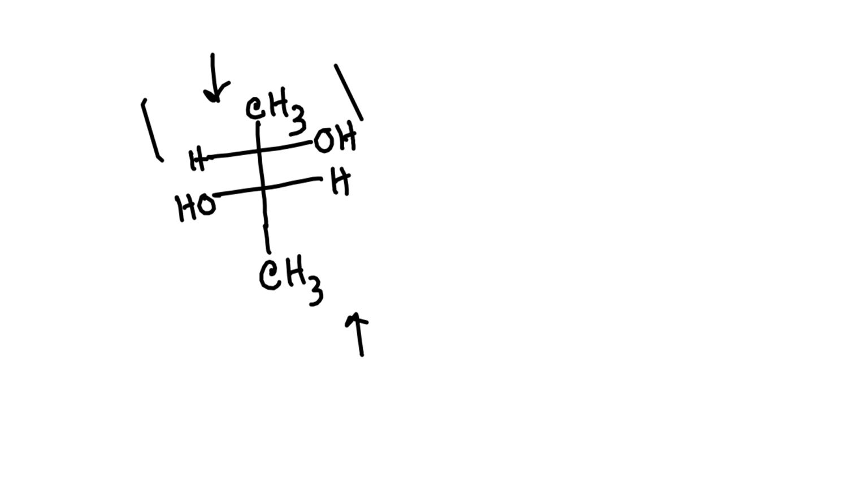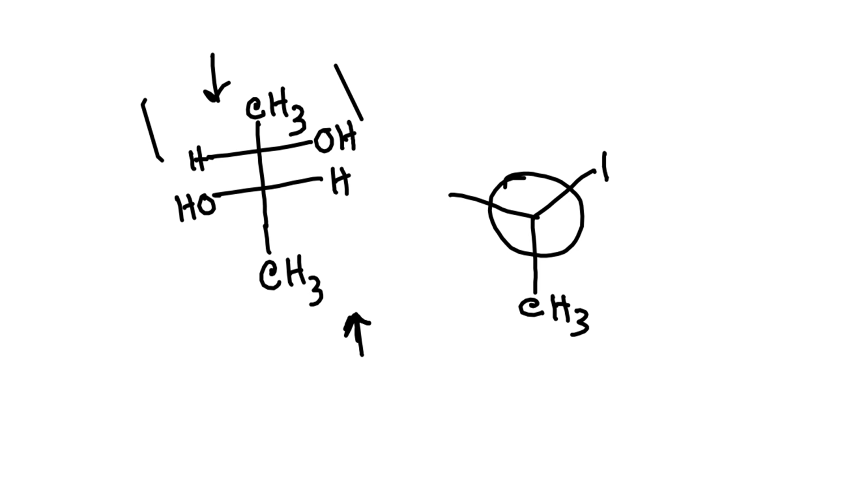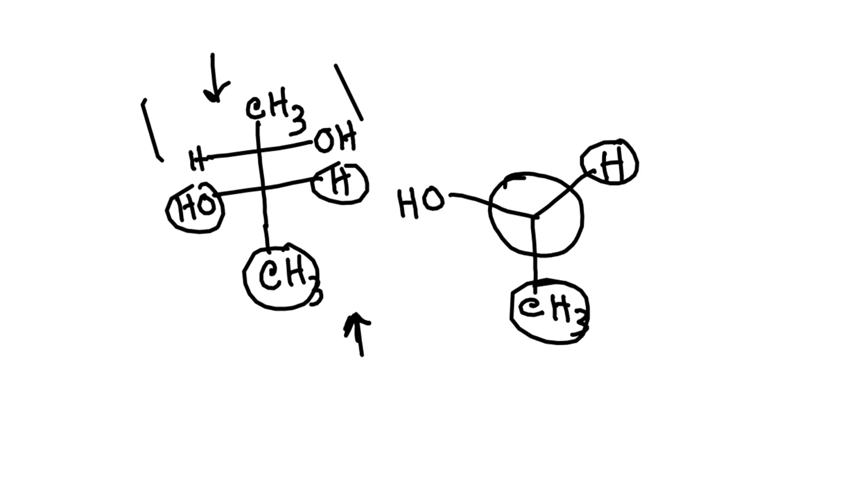So let us think that we are watching the molecule from the bottom side. Then we will put the CH3 group over here. On our right hand side we will put hydrogen, on our left hand side we will put OH. So this is our CH3, it goes here. This is our hydrogen, it comes here, and this is our OH, it goes here.